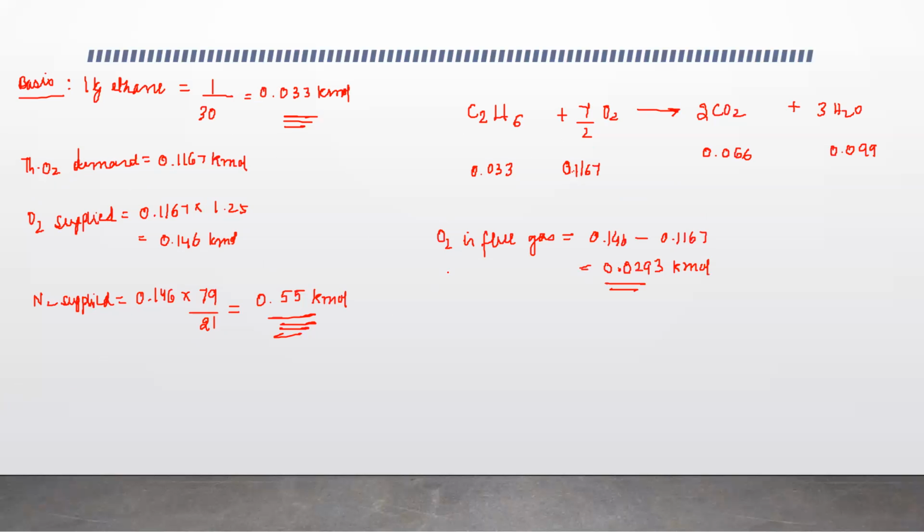Once we are done with this, we know that the flue gas will have carbon dioxide, water vapor, oxygen and nitrogen. To find the composition of the flue gas, we take carbon dioxide, water, nitrogen and oxygen.